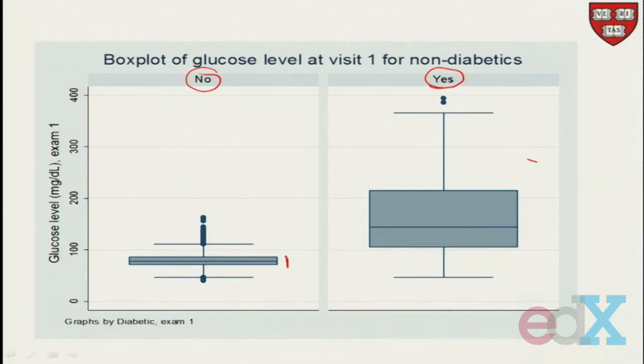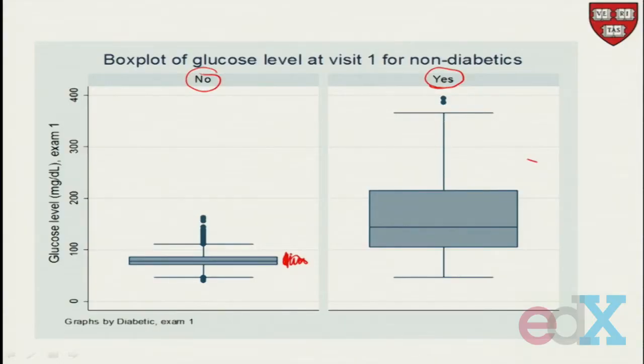What we see for the non-diabetics is very tight. The interquartile range is very, very small. So non-diabetics, as far as blood glucose level and blood glucose control is concerned, are very, very tight. They've got much better control of blood glucose level than diabetics, because look at the diabetics here, there's a tremendous interquartile range.